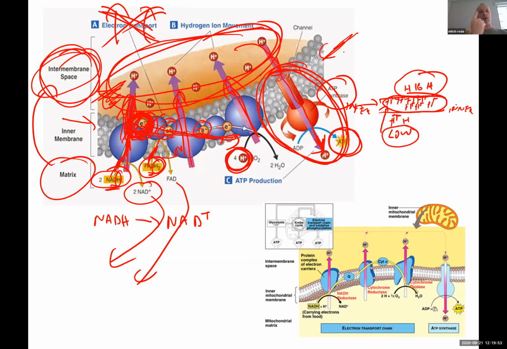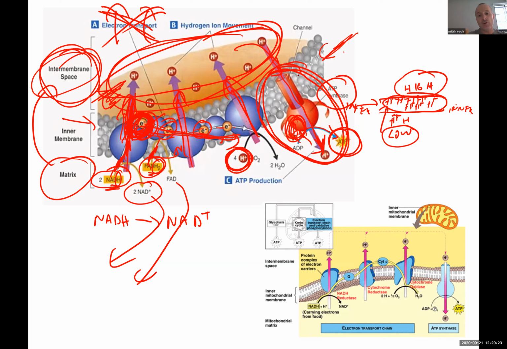This energy cannot be turned directly into ATP. So as it spins, there is a little protein right here which picks up an ADP and a phosphate, puts both of them in here, and then it will turn into ATP.